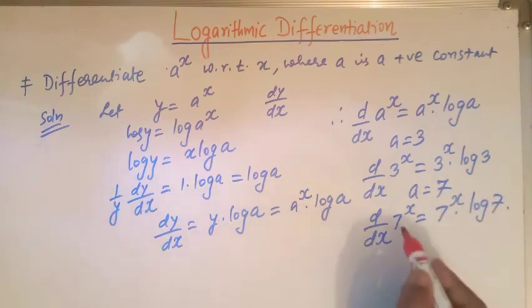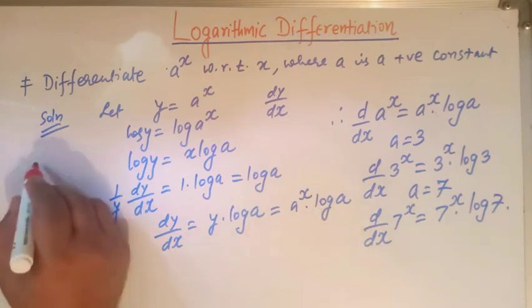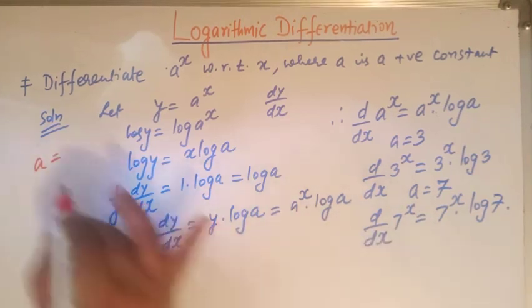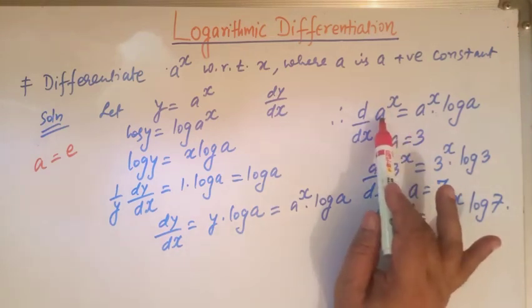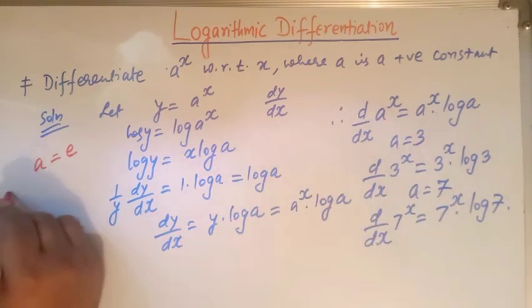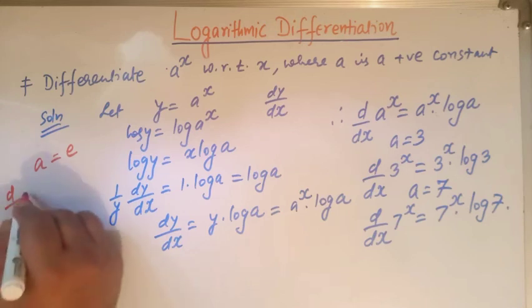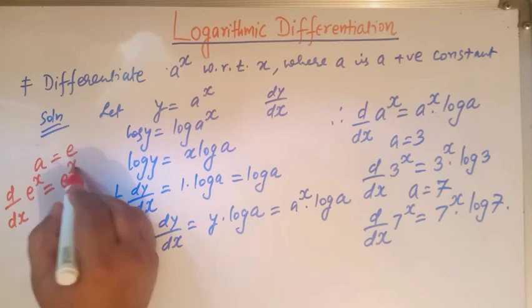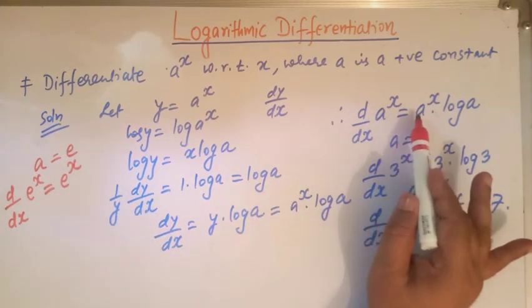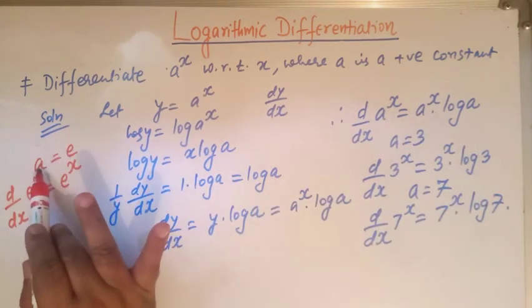And viewers, if we take a is equal to e, which is the exponential function, then the derivative of e raised to x is e raised to x times log of e, because here we are substituting e for a.